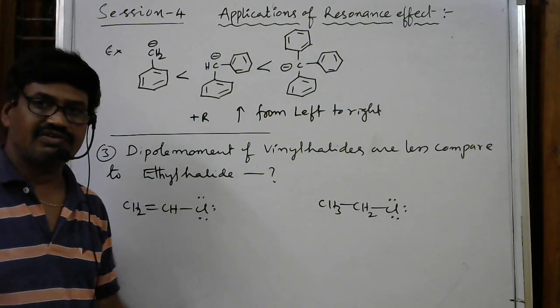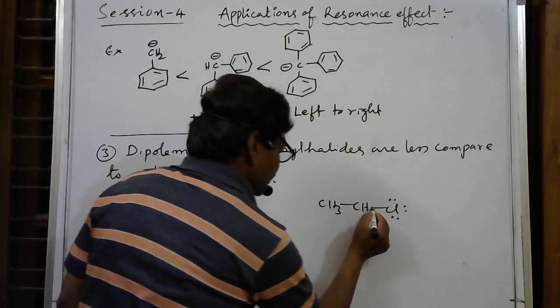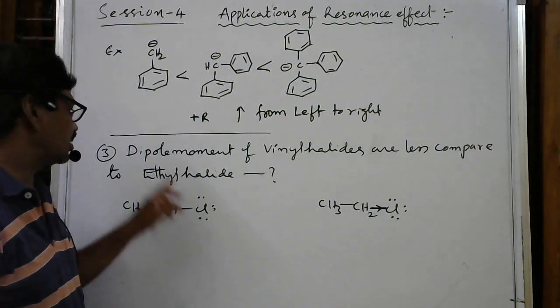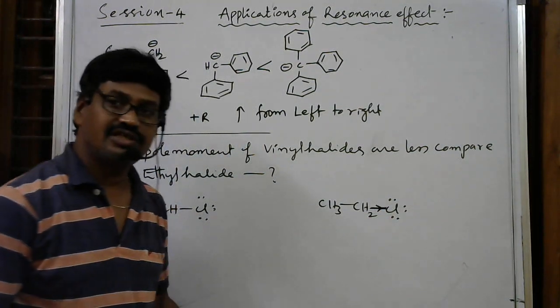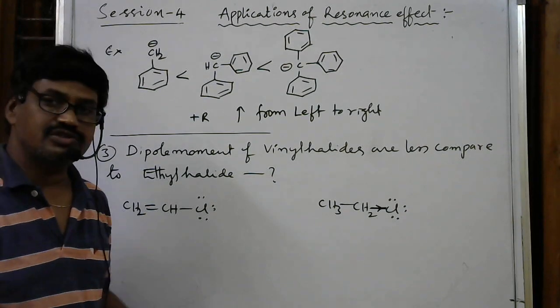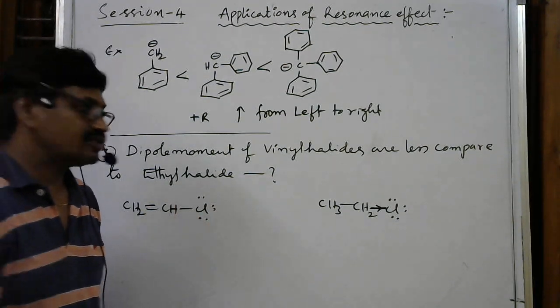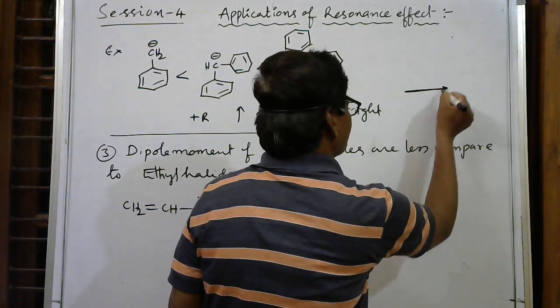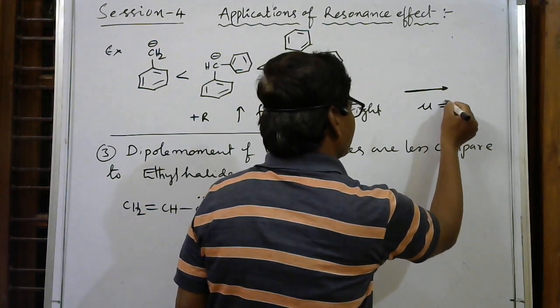In ethyl chloride there is just the inductive effect, because of which the bonded electrons move towards chlorine. So the dipole moment concept is nothing but the movement of bonding electrons towards one side. Here only one bond moment is there, so there is a dipole moment which is not equal to 0.